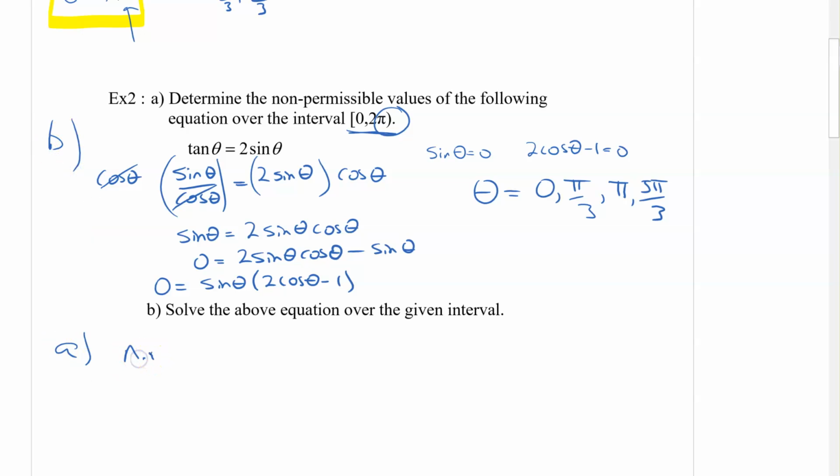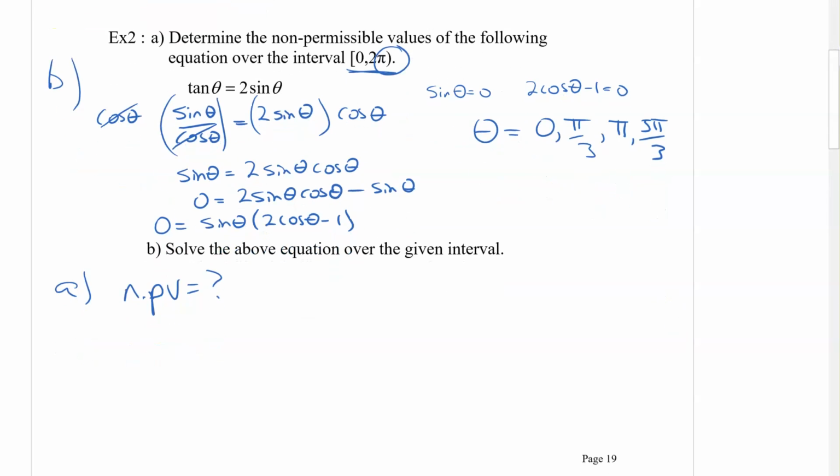So the non-permissible values. At the very beginning of the unit we talked about non-permissible values. It's looking for occasions where we're going to get a 0 in the denominator. And if I have this tan theta, I need to unpack that. So I'm going to write sine theta over cos theta equals 2 sine theta.